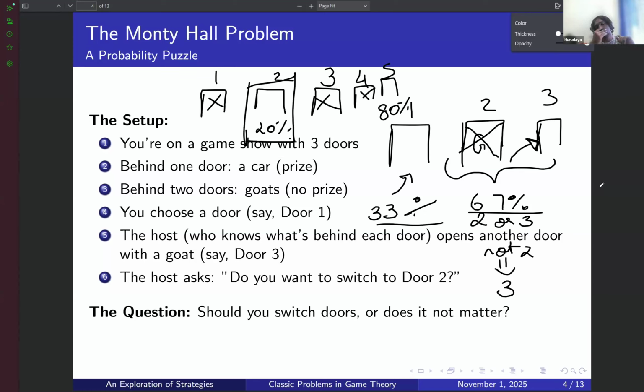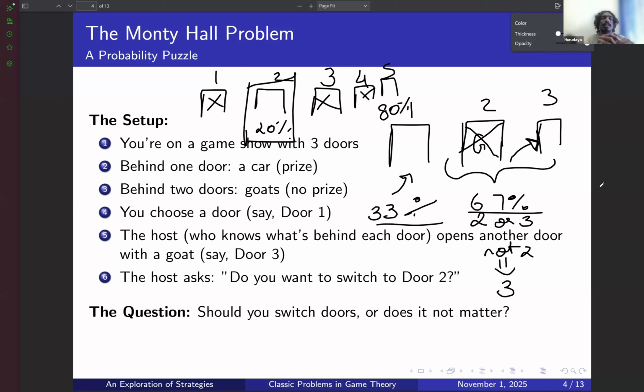Sir, I have a doubt. Your choice is supposed to be independent of where the car is, right? Yes, your first choice.